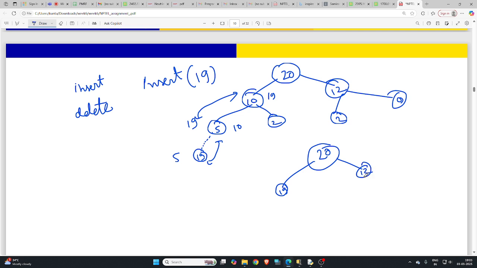Then these things are exactly the same as they were previously. But here it will be 2, and this will come as 10, and this will come as 5.